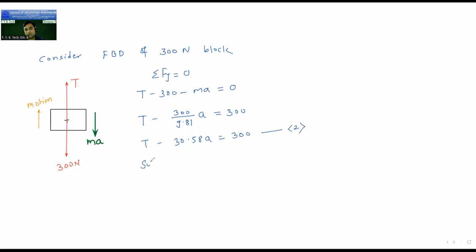Let's solve equation 1 and 2. Therefore, T is equal to and A is equal to... T किती आला? 40.240 तर 360 आलाय की. इथं लिहिलेलं आहे ते.